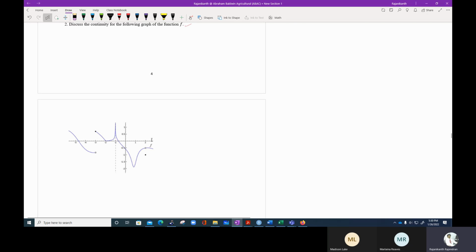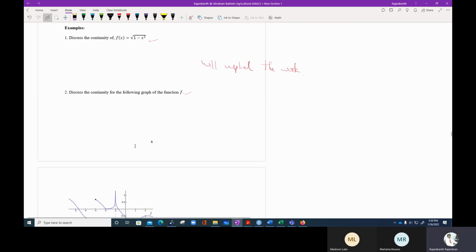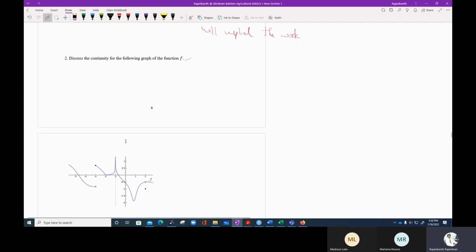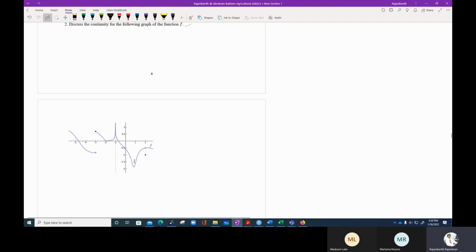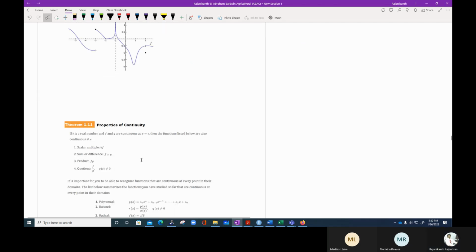Simply think about how these functions are defined, and in which intervals they have the discontinuity property or the continuous property. So simply just explain them.